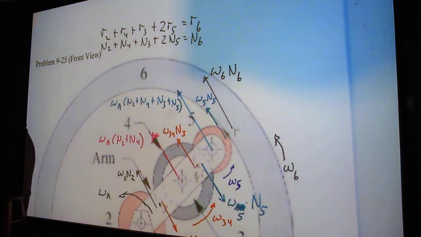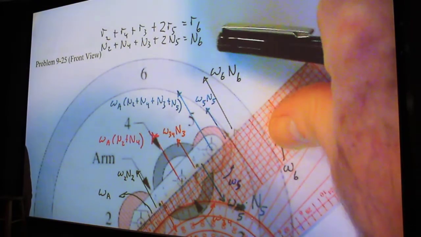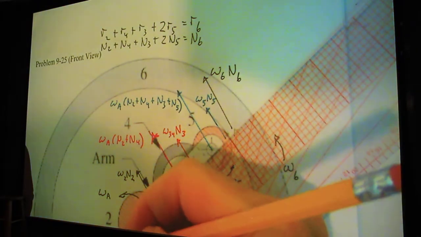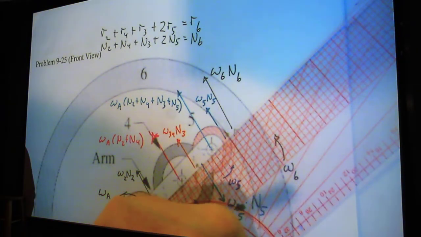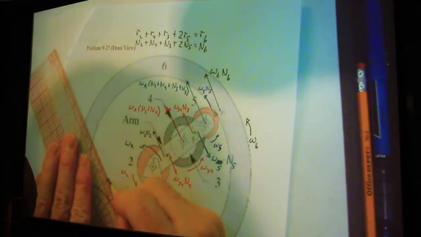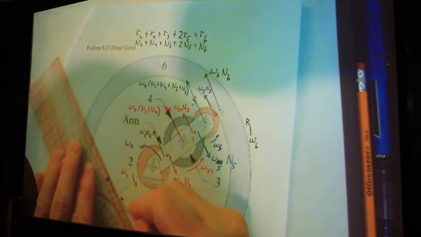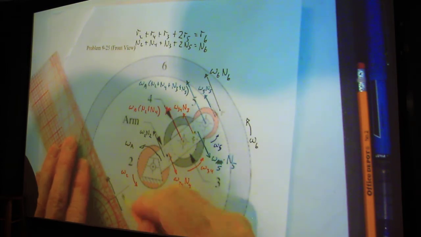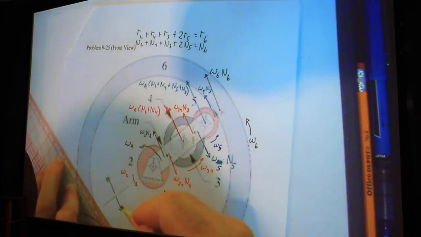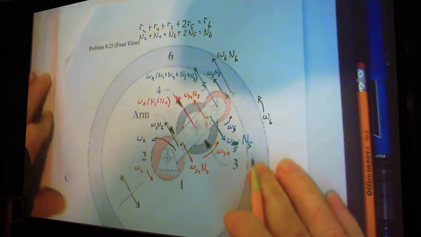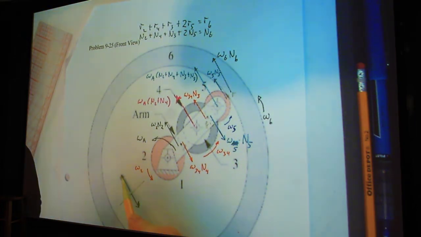So we're done with the linear velocity vector directions. And remember what we did is we decided by looking at these things what we're going to call positive and what we're going to call negative. Do you want to call this positive or negative on this side?